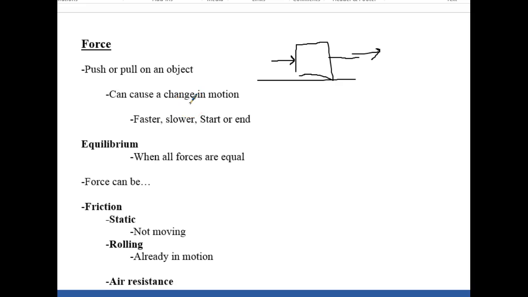The one thing a force can do is cause something to move, like this box which is sitting here doing nothing, and then you come along, you push on it, or you attach a rope to it and you pull on it, and it begins to move. So initially no motion, you apply the force, it starts to move. And if it's moving, sliding down a ramp or whatever, you can then apply force against it.